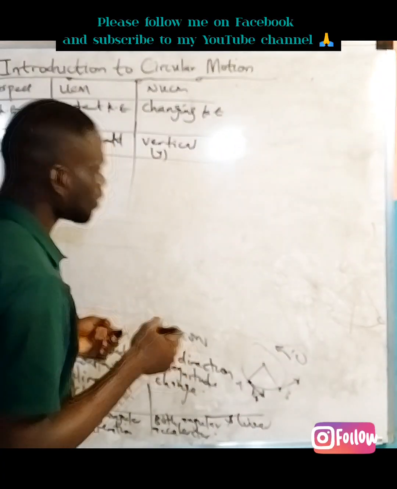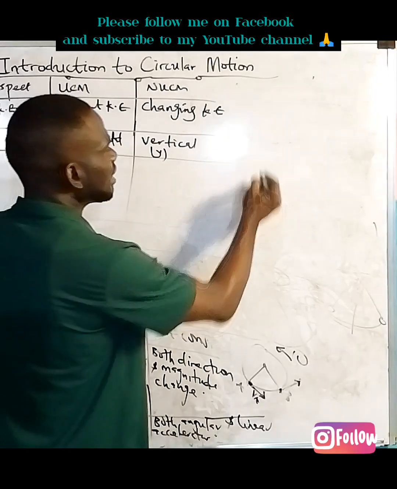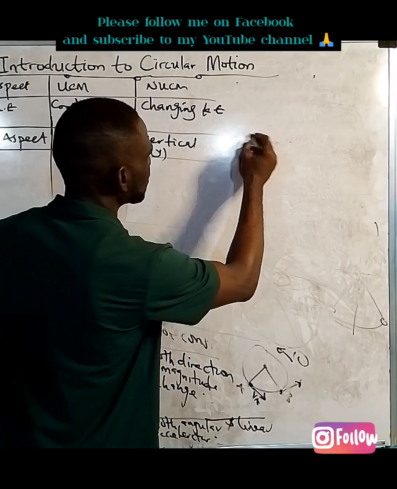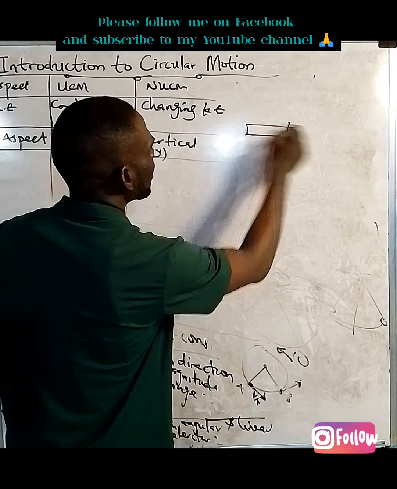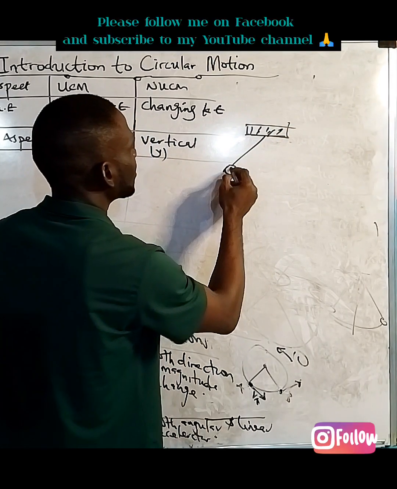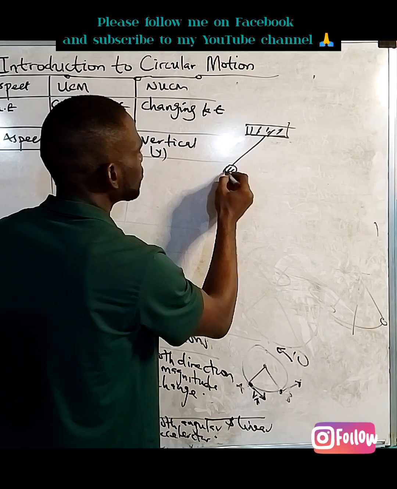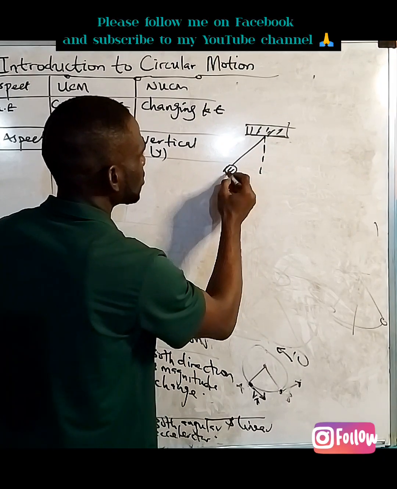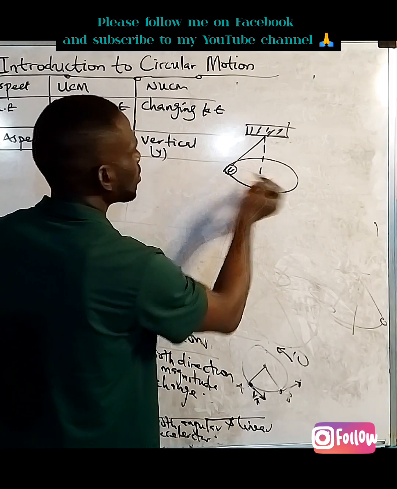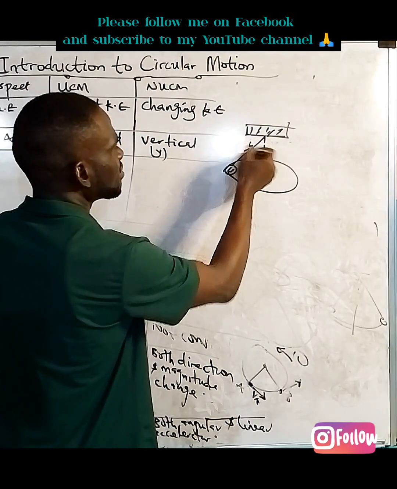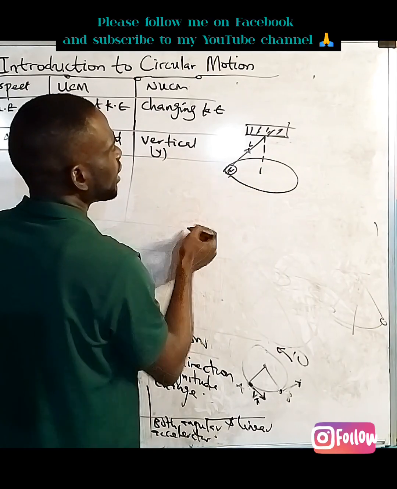So, for example, let us see what it looks like. For horizontal circular motion, let's say a ball is being swung like this, in a horizontal format. There's a ball, and don't forget there's a length, this is a string, and there's a ball here.